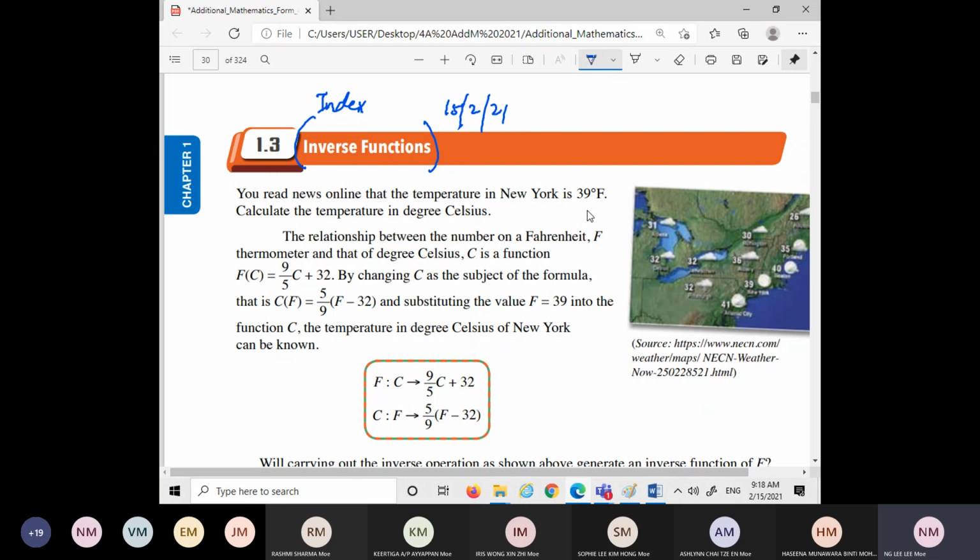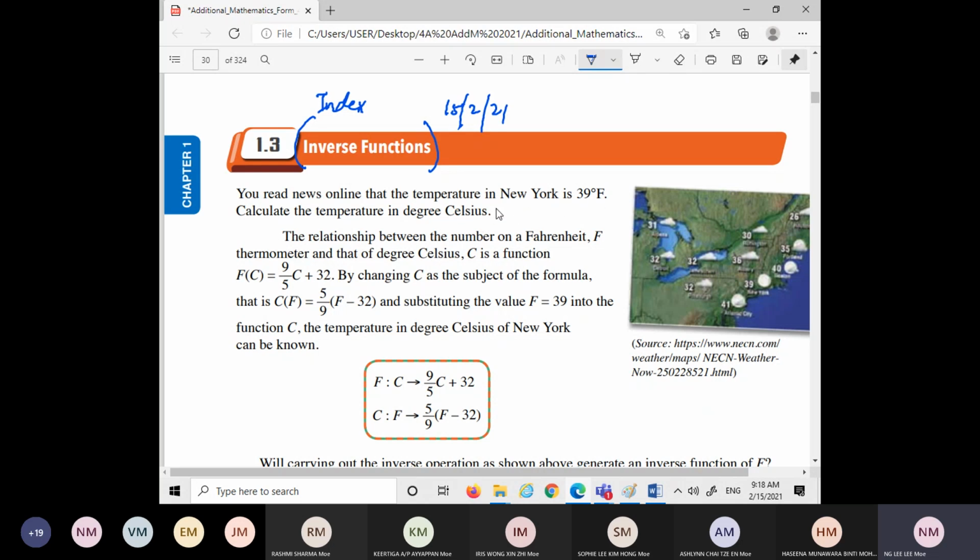Okay, you see, the US is a special country. Most of their measurement units are different from ours. We are using SI units, which you learn from science. So mostly their measurement units are different.